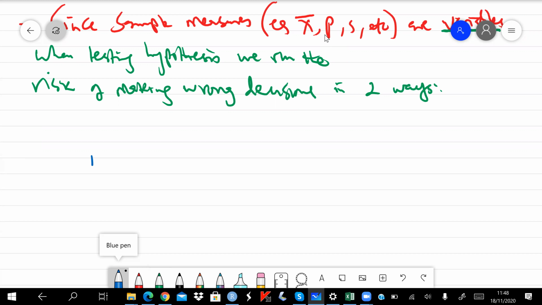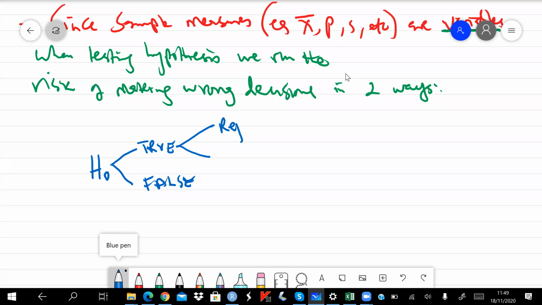So everything revolves around H naught. And then we are saying that this is either true or false. Any statement that you make, whether it is a hypothesis or not, is either true or false. Okay. But now, once we collect evidence from the samples, we may end up doing this.